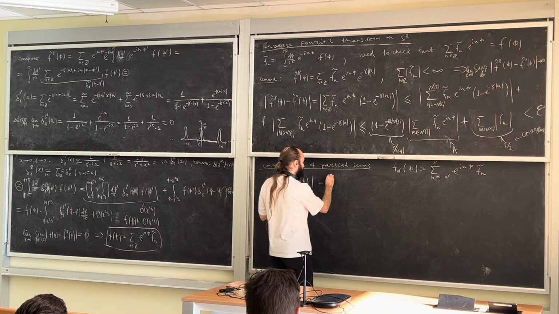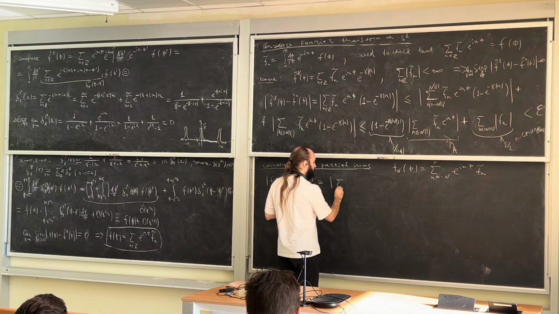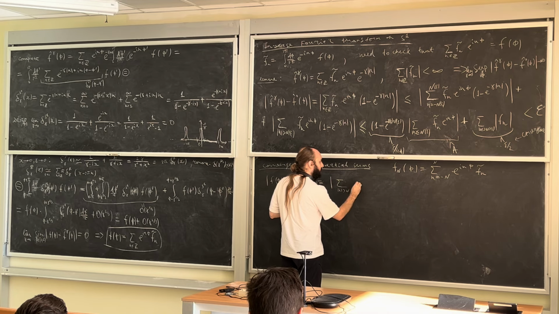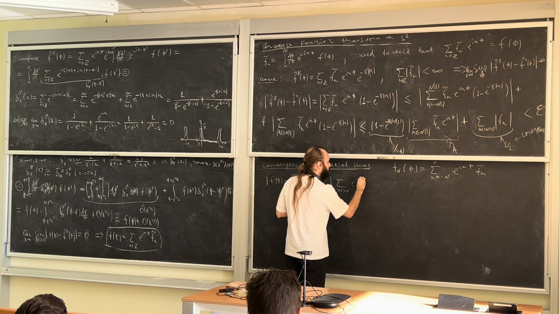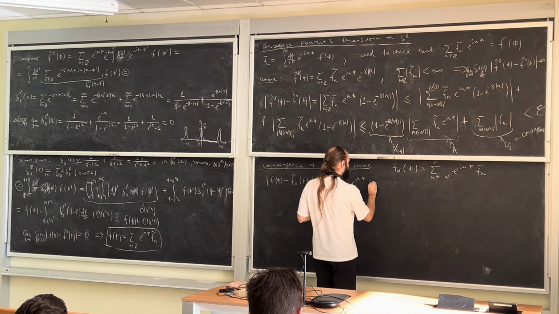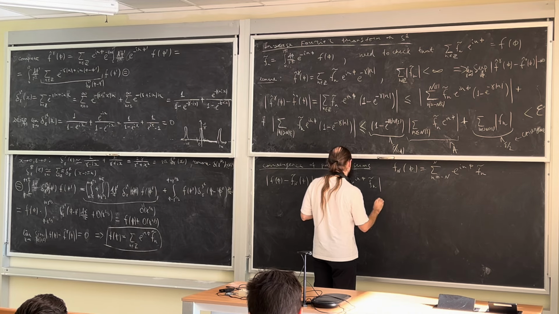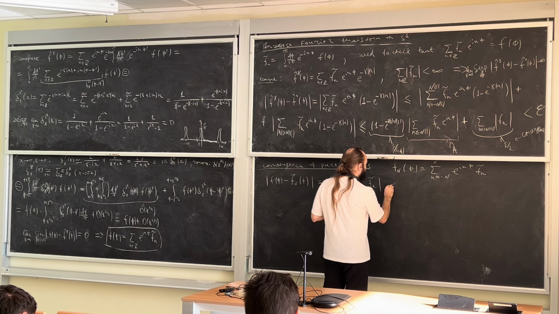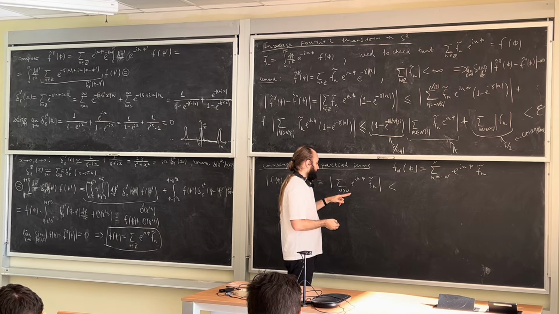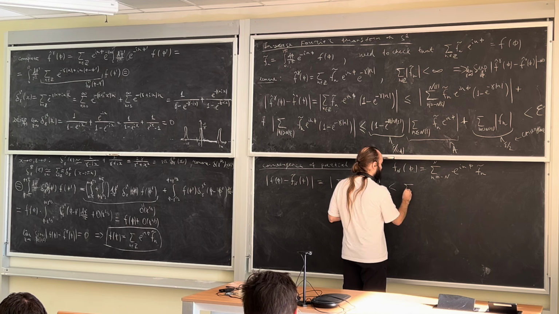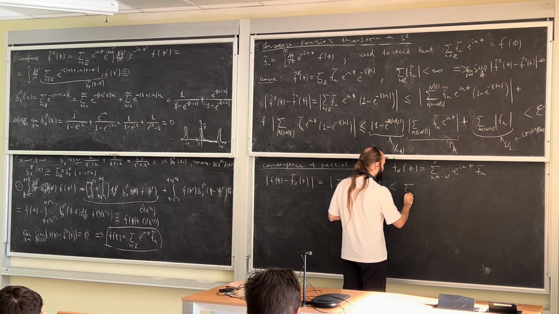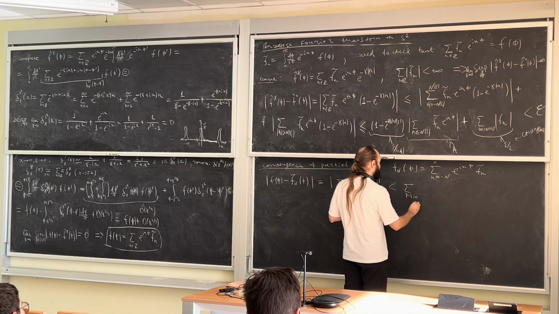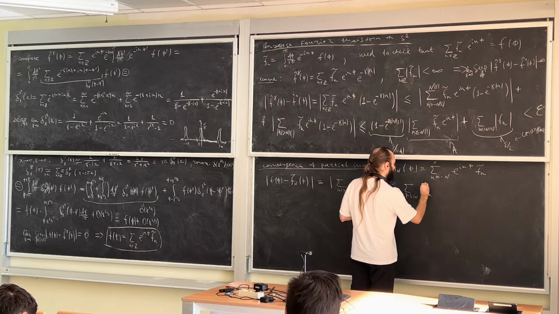So it equals the absolute value of the sum over absolute value of n greater than n of e to the n phi f n tilde. And this can be bounded by the sum over the same domain, absolute value of n greater than n, simply of absolute values of f n tilde.